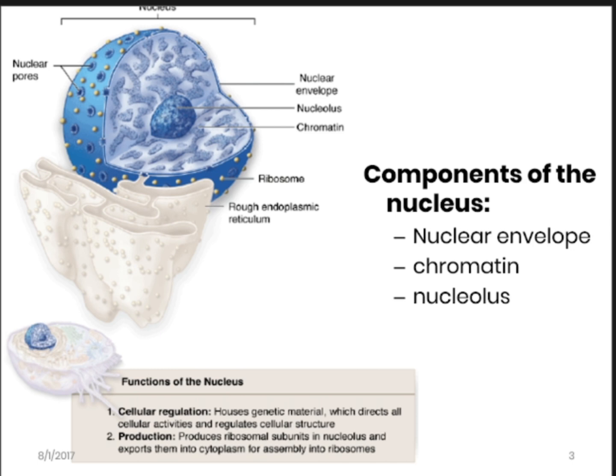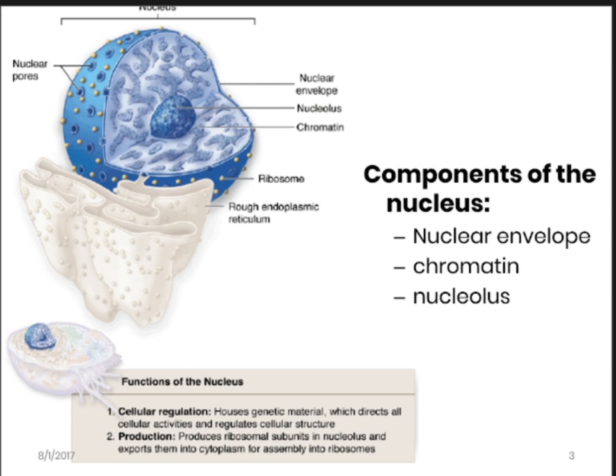We also have the chromatin. The chromatin is the complex of DNA associated with proteins within the nucleus. It's organized to efficiently package the genetic material while regulating gene expression and DNA replication.